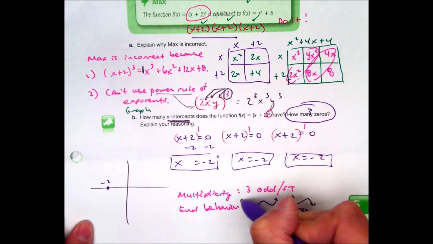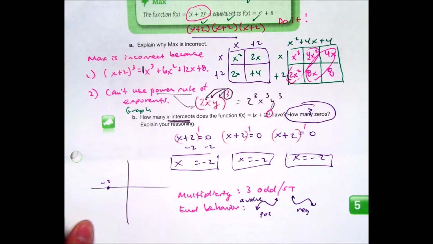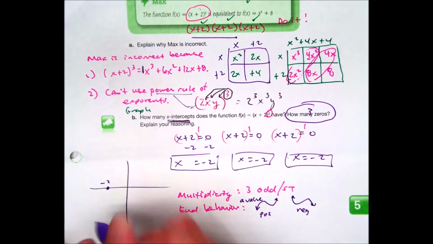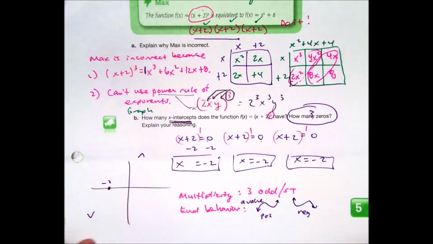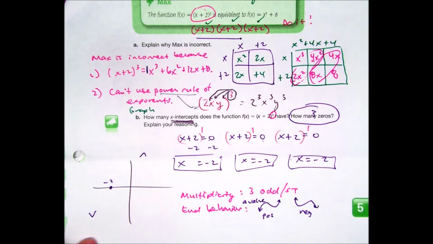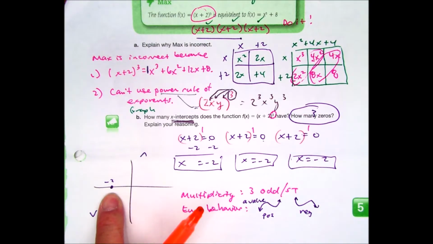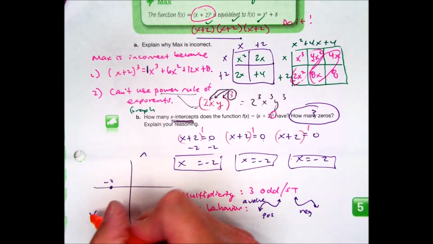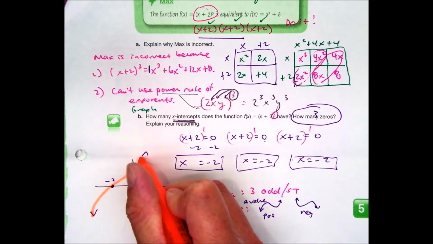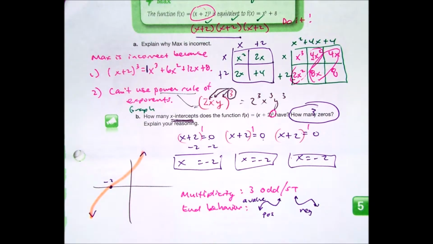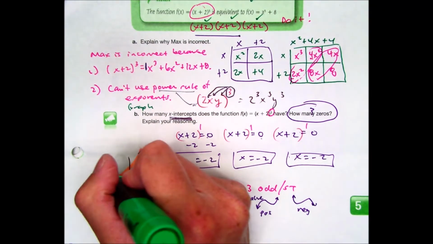This is your a value. So I'm just going to go ahead and put in here, something up here, and you sketch your graph. And basically when I approach negative 2, I'm going to shoot through. Class, how many times does this go through the x-axis? Once. Just goes through once.